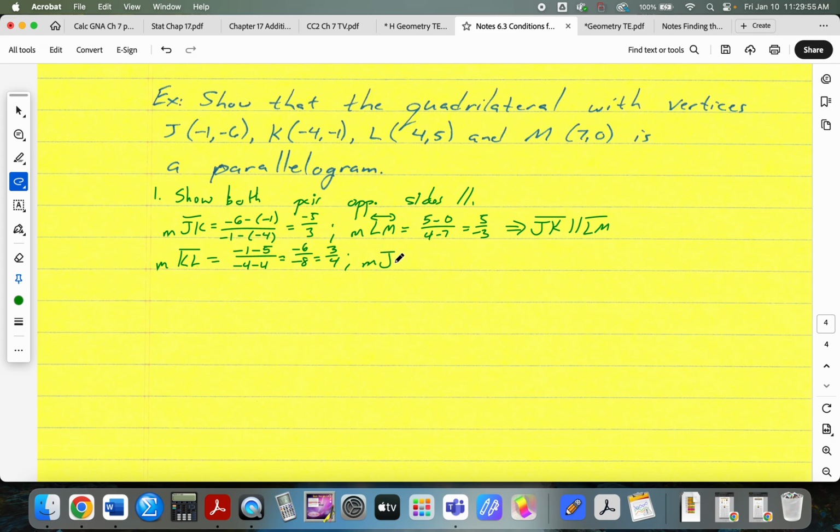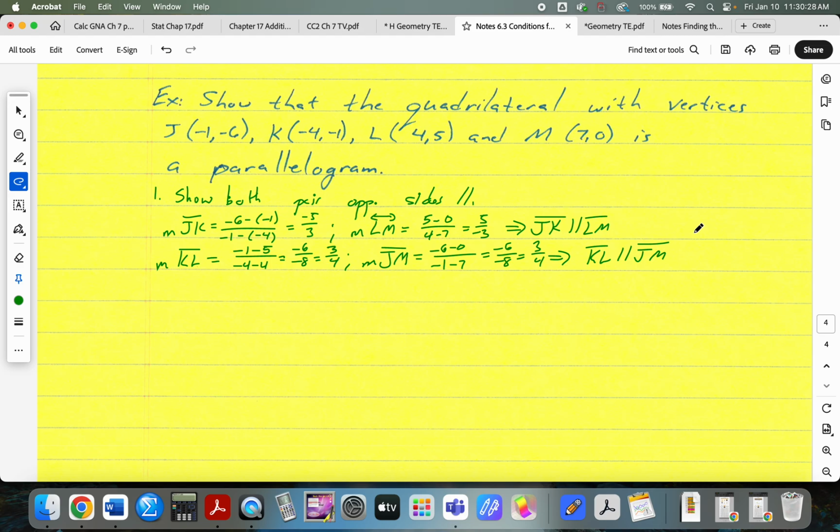And the slope of JM is -6 minus 0 over -1 minus 7, which is also -6 over -8, which is 3/4. So KL is parallel to JM. So we've shown that both pairs of opposite sides are parallel.